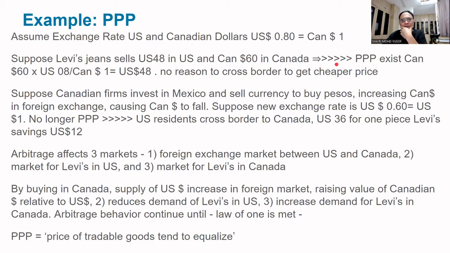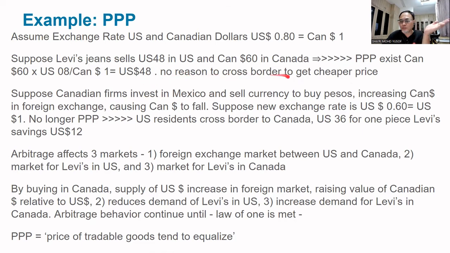So in this case, we say that PPP exists, because Canadian $60 times 0.8 divided by Canadian one is US $48. So you're paying 60 Canadian dollars, but in terms of US dollars it is the same.